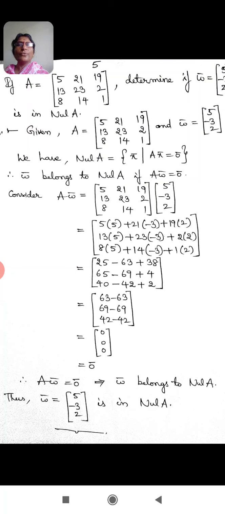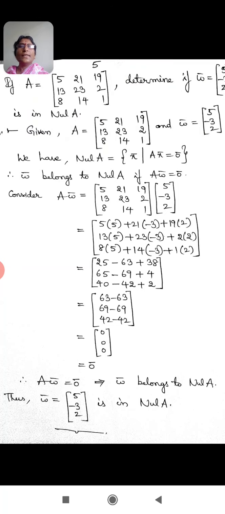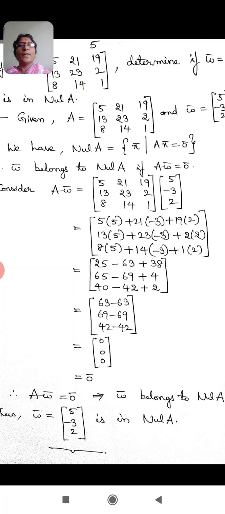We take the given information first: A is the matrix 5 21 19 13 23 2 8 14 1, and W bar is equal to 5 minus 3 2. These are the 2 matrices given to us, and we are asked whether W bar is in the null space of A.